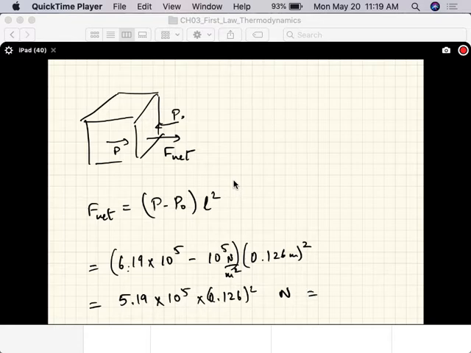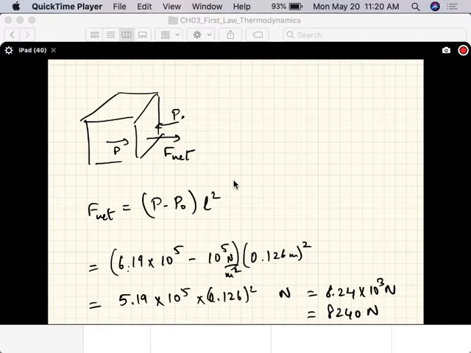And this works out to 8.24 into 10 to the power 3 newtons, 8,240 newtons. Okay.